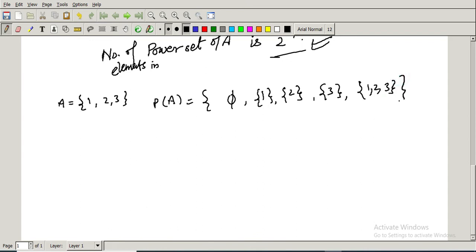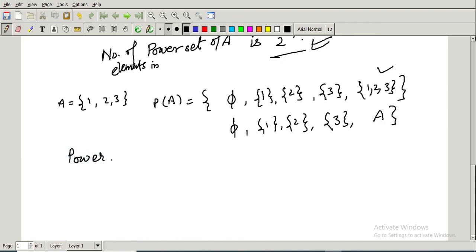Since we have taken A as {1, 2, 3}, I can replace {1, 2, 3} with A. So this is the definition of power set, and I will prove it in a second.